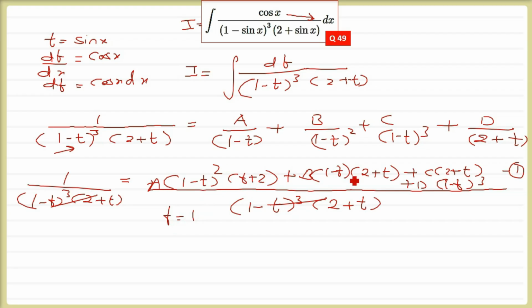There is also one possibility that you put t equals 1, t equals negative 2, but it might be possible you won't achieve the other constants.